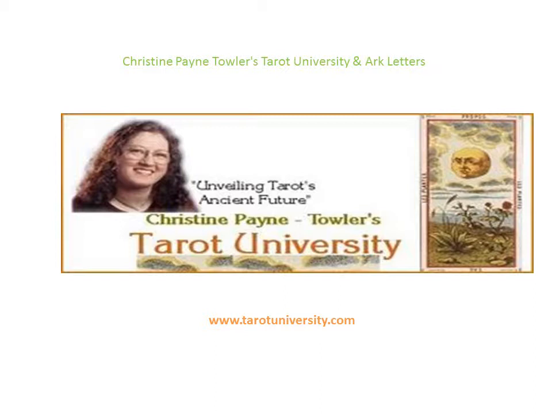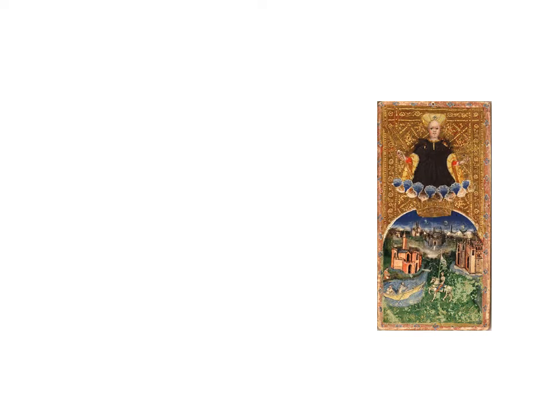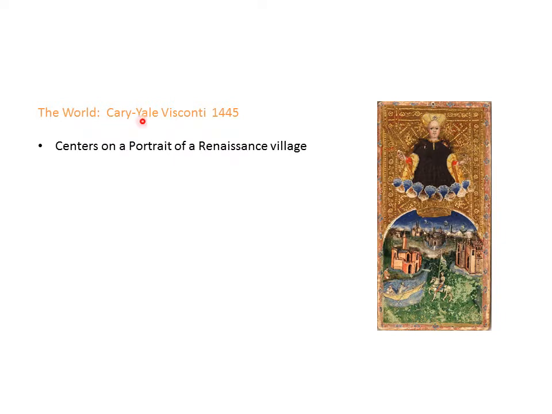Okay, so let's go ahead and move along here. Now on this slide, we're going to show a picture of the World card that dates to 1445. This is the Cary-Yale Visconti Tarot, and it centers on a portrait of a Renaissance village.